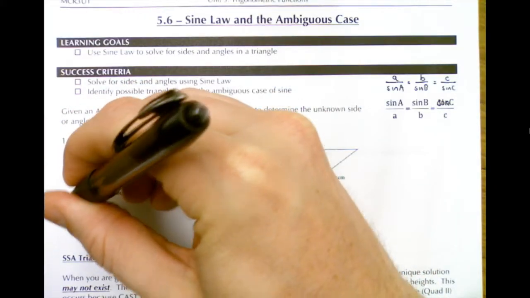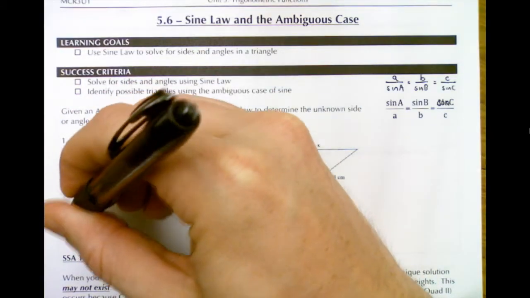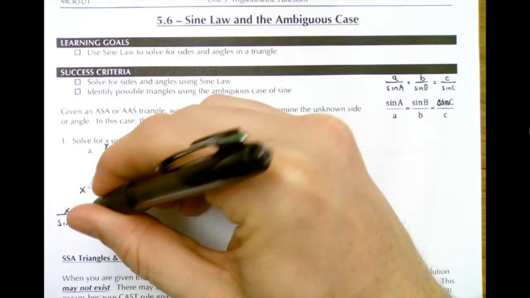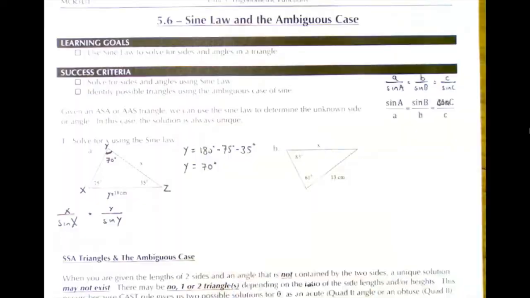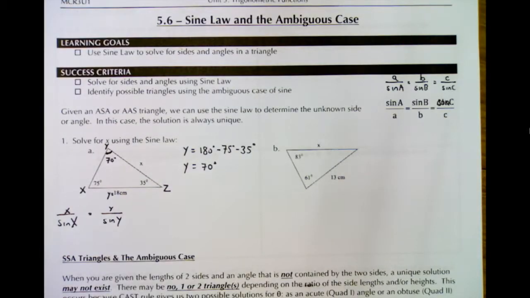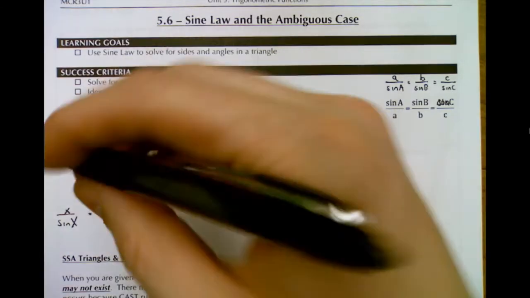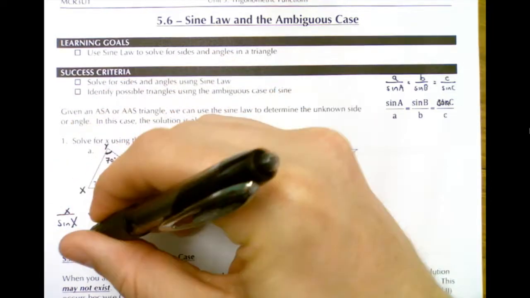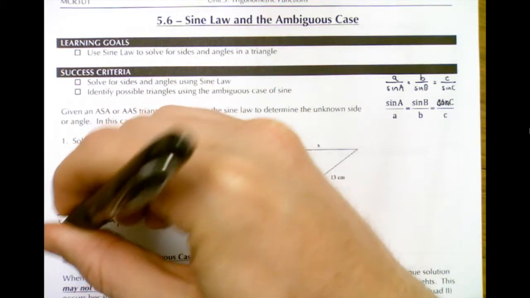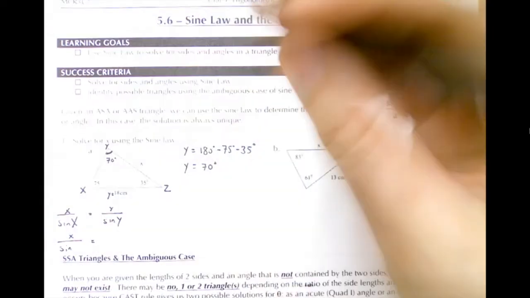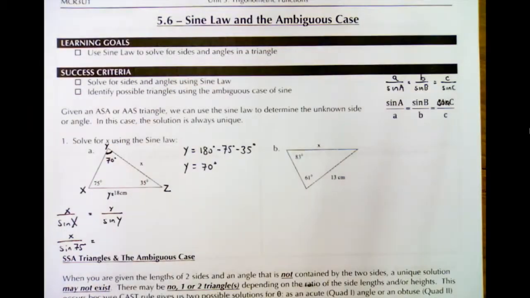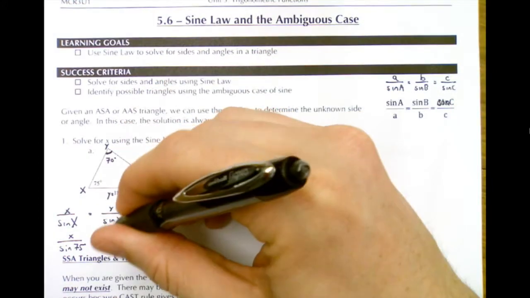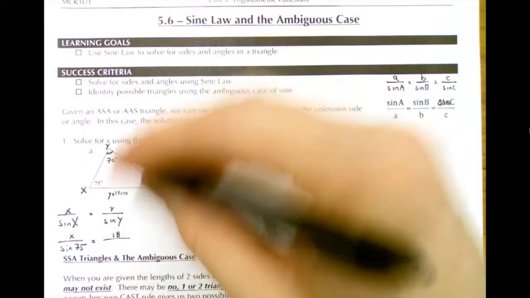So we've got x over sine capital X, that means angle X, equals y over sine Y. And now I'm going to fill in what I know. I don't know side X, but I do know angle X. Angle X is 75. And side Y is 18. Angle Y is 70.